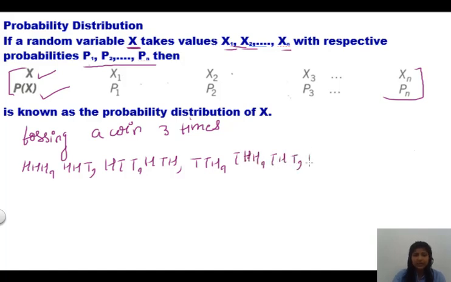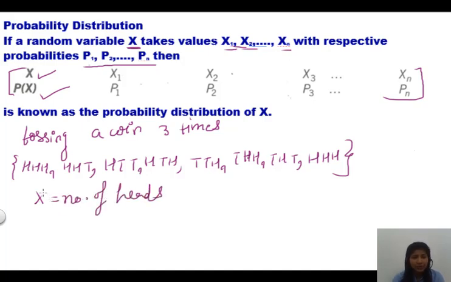So these are the 8 outcomes that I have written after tossing a coin 3 times. Now just to see, x was defined as number of heads. So now how to make the probability distribution table? I'll show you that.